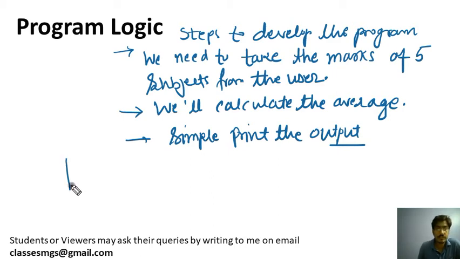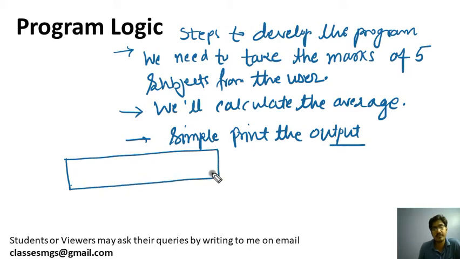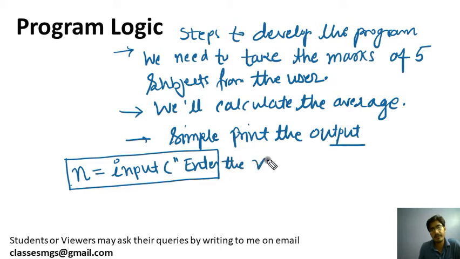One thing you should know: which method do we use to take the input from the user? Generally the input method we use to take the input, "enter the value of n", something like this. Whatever the user enters will be taken in this variable and this will be created as a string.